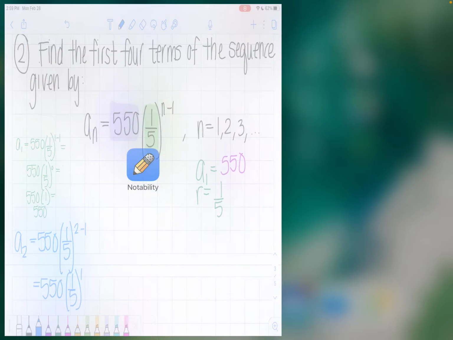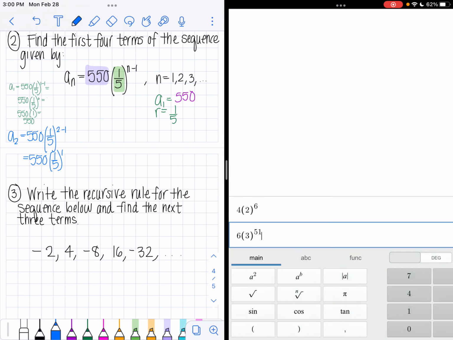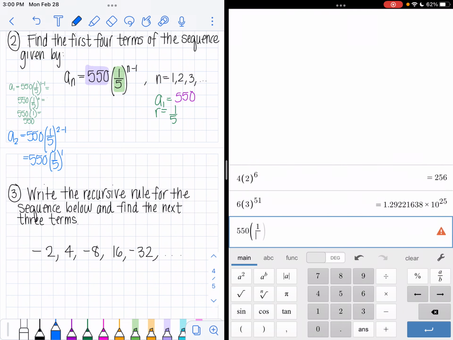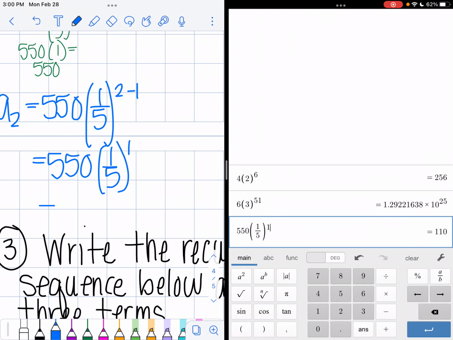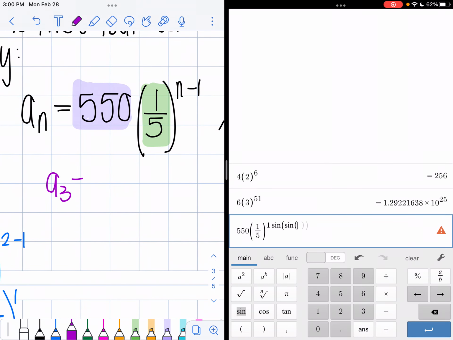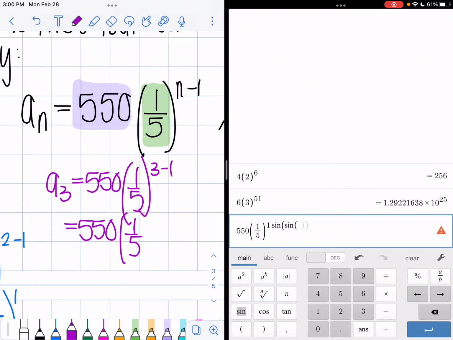And again, use your calculator. 550 times 1/5, and I want to raise it to the first power. Gives me 110. Okay, let's do the next one. A sub 3. 550 times 1/5 to the 3 minus 1, or 550 times 1/5 to the second power.